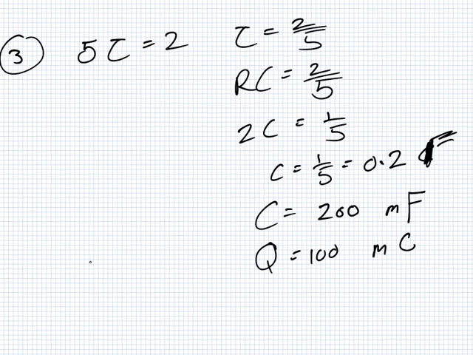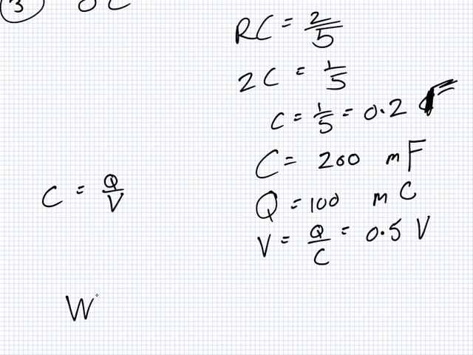Thank you. So, what formula can I say now? I can say C equals Q over V. So I can get V equals Q over C. Is that half a volt? Is that right? Half a volt? Q over C? Yeah. So then the energy stored is a half CV squared.